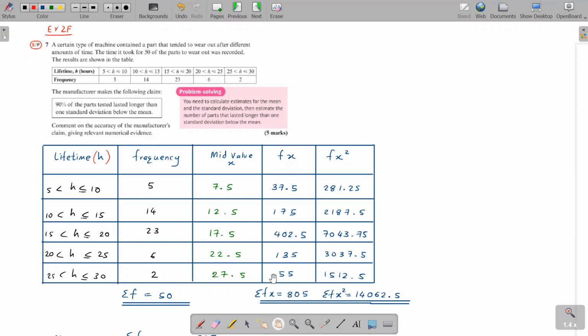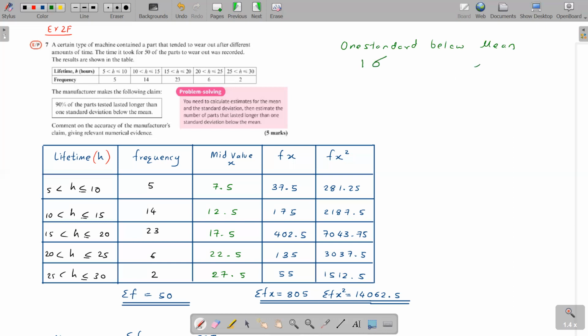So what do you mean by one standard deviation below the mean? How do you get one standard deviation below the mean? You subtract what from whom? One standard deviation, this is one sigma, below the mean.